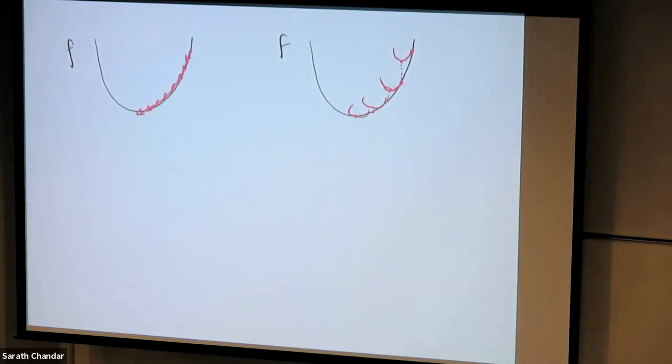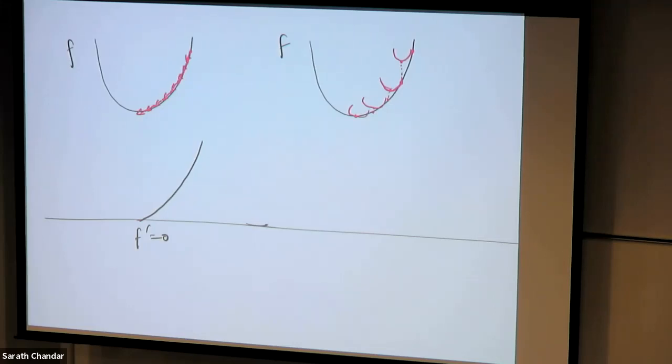In the case of f dash, you have f dash equal to 0, which is your minimum. Now, in the case of gradient descent, your f dash reduces, and at some point it becomes 0.